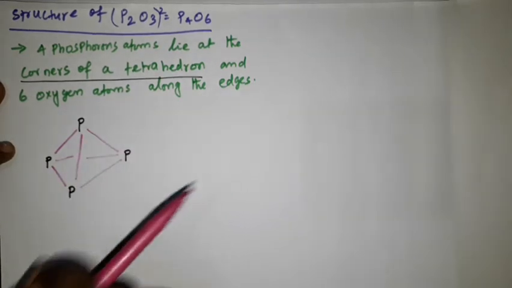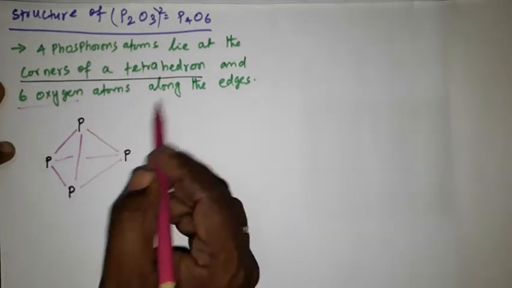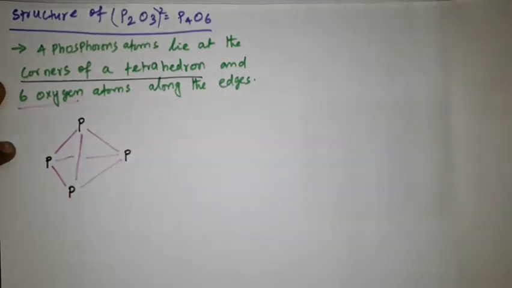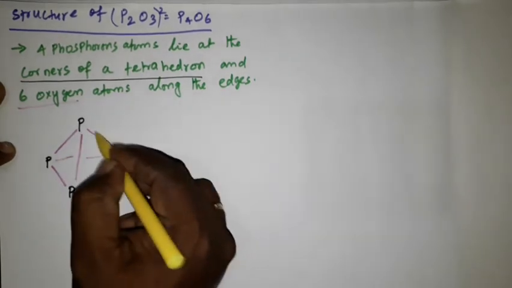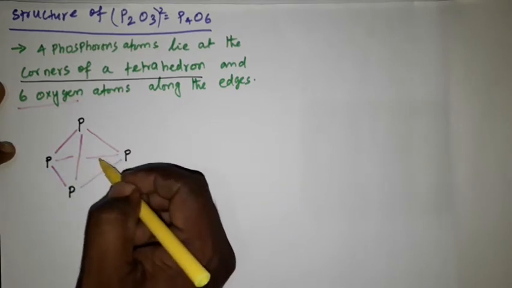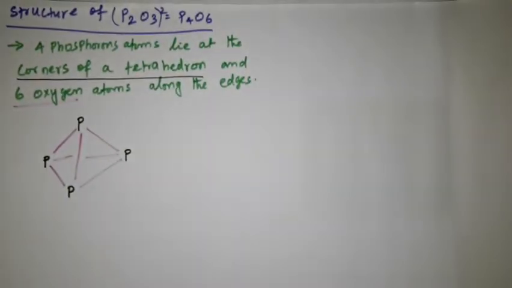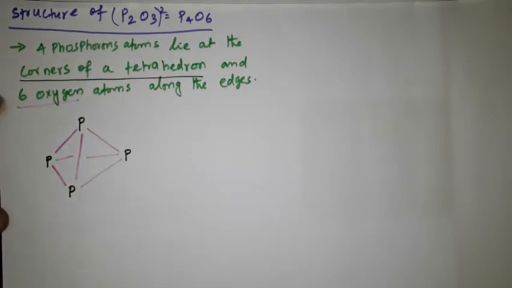Now the remaining 6 oxygen atoms go along the edges. So these are the edges, and we are going to draw the oxygen atoms on the edges. Now listen carefully, I am going to draw the structure of phosphorus trioxide.